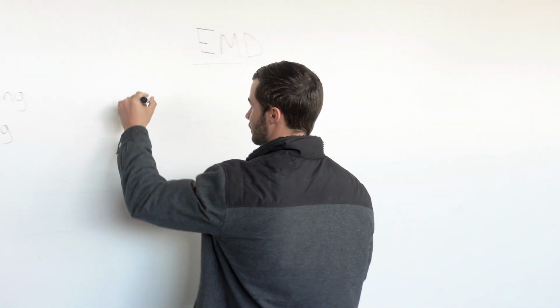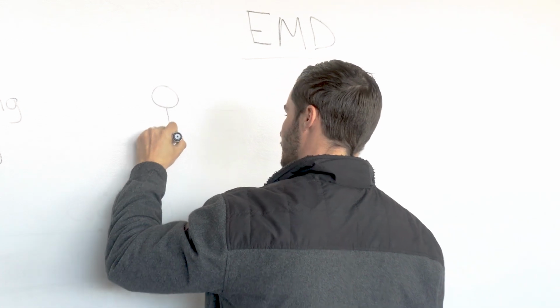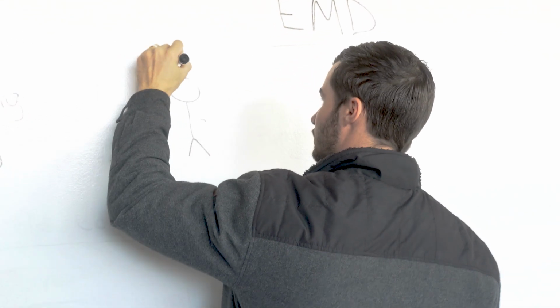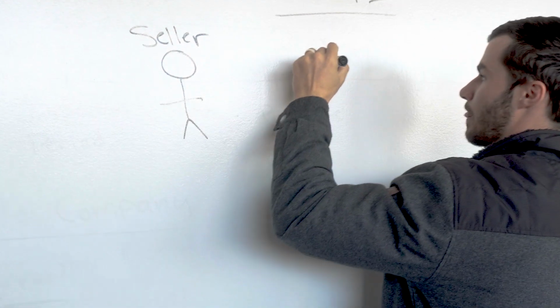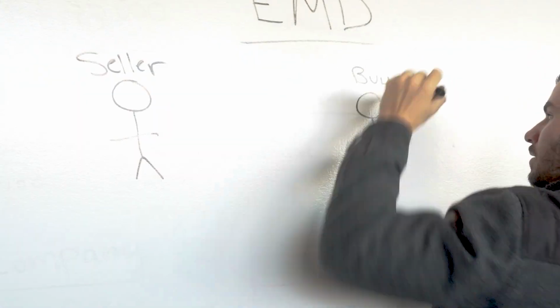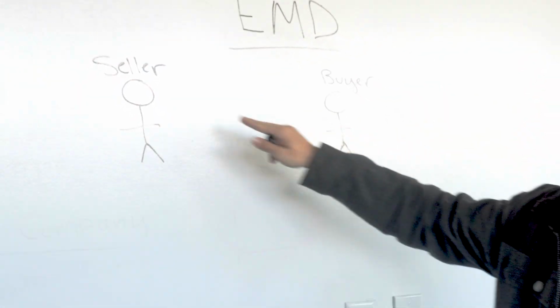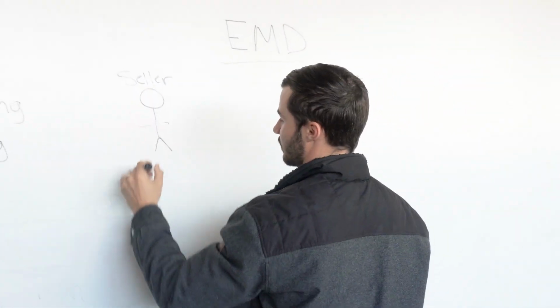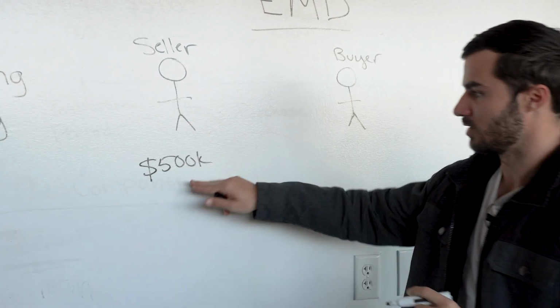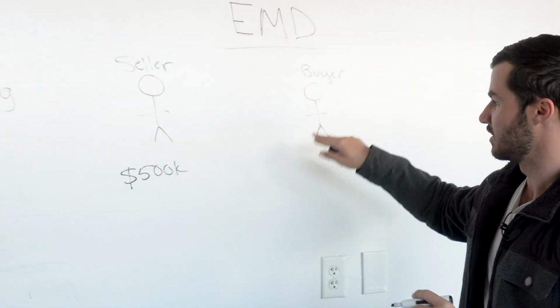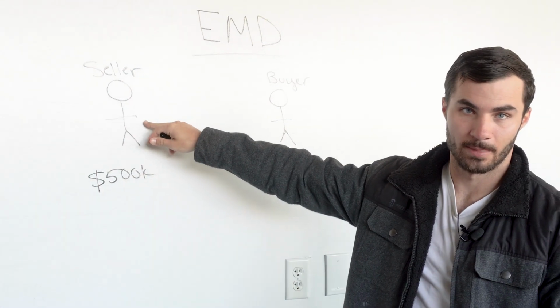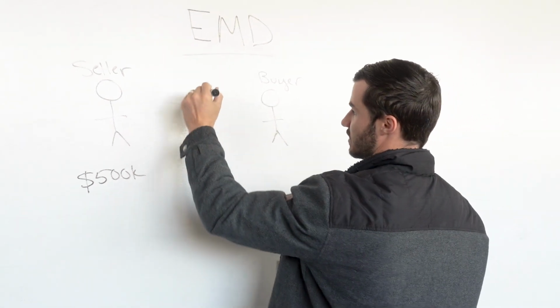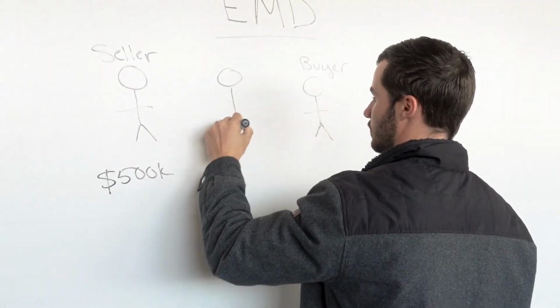Now, a wholesaler, so that we're on the same page, if this is a seller, and this is a buyer, and these guys are buying a property, right? The buyer is buying the property from the seller. And let's say the seller was going to sell their house for $500,000. Well, they're selling their house for $500,000, but this buyer doesn't come to them directly. Because a lot of times in investing, what happens is we have a middleman, and this person is the wholesaler.